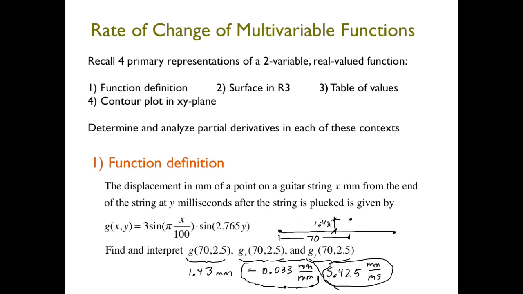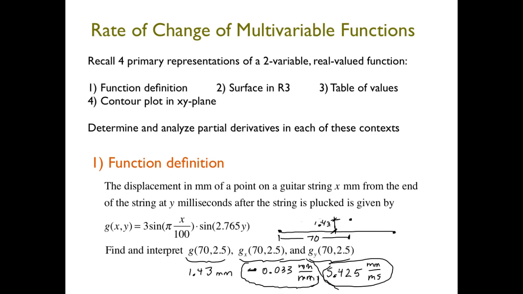Okay, Paul, go. So the partial with respect to x is holding y constant, so that means it's at a certain point in time. Kind of a snapshot of the string at that time. So it tells us the change of this kind of slope of the string as we move across it at that certain point.